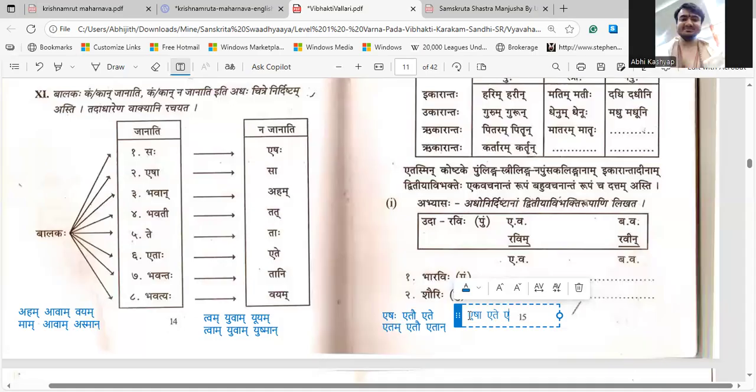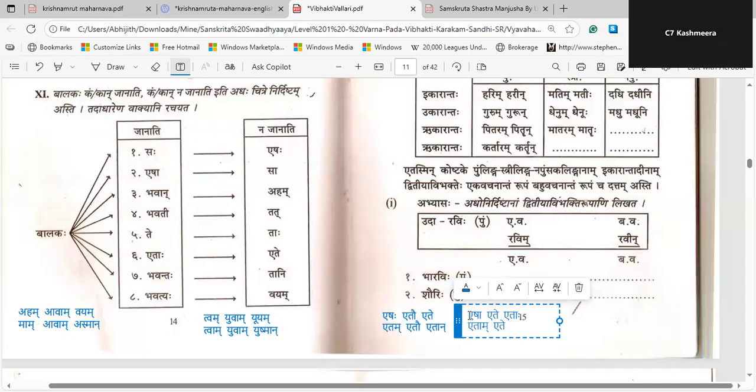Dvitiya Vibhakti now. You just add etam, and again ete will remain the same. Last one is the same repetition. What will it be?